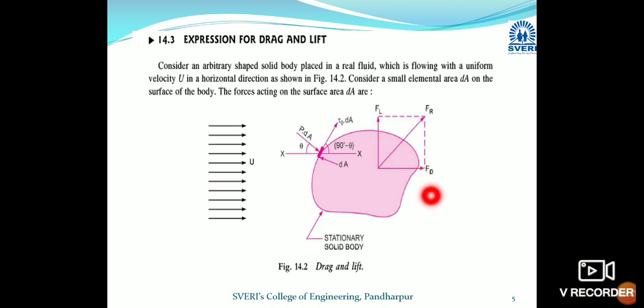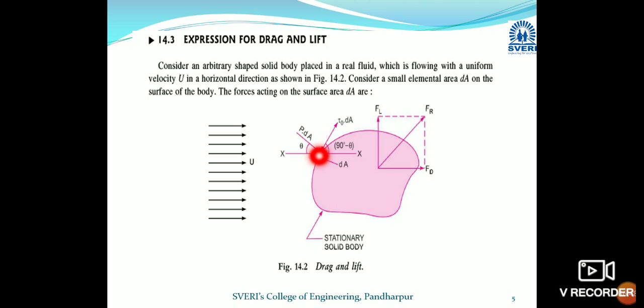Now for that, we are going to consider a small elementary area dA, the dark orange one, called the dA area. First of all we will calculate the drag and lift forces acting on this small elemental area. Afterwards we consider that this arbitrary shaped surface is made up of n number of such elemental areas.